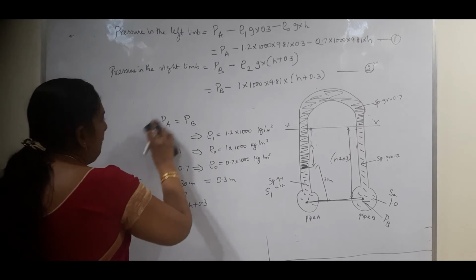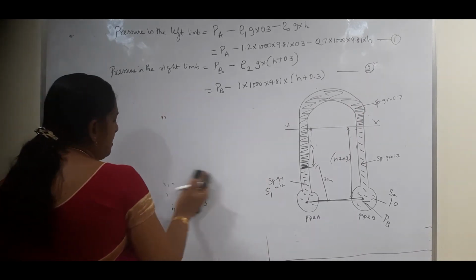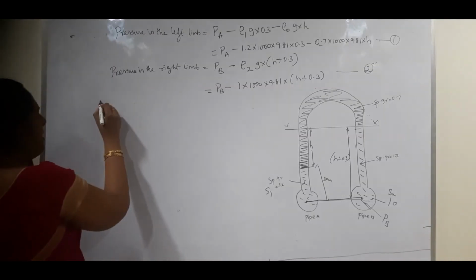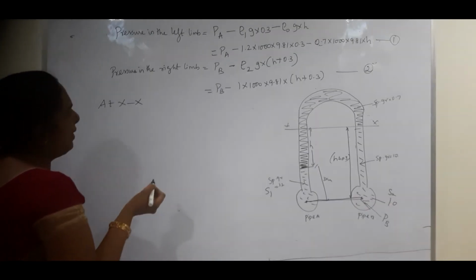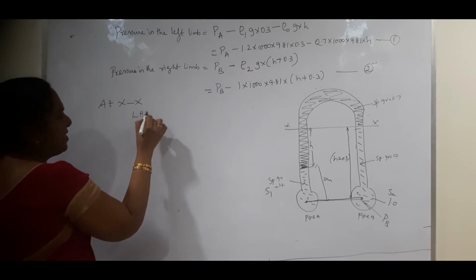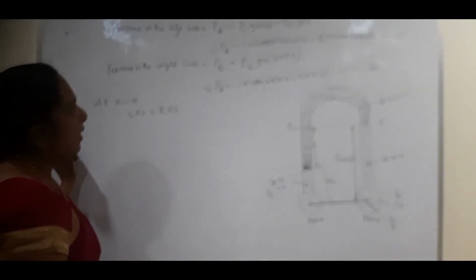So at equilibrium, what happens? The pressure in the horizontal will be equal and opposite. So at XX or at the datum line, whatever it may be, the pressure in the left limb will be equal to the right limb. So I am just giving you in short form, left hand side is equal to right hand side, or we can say equation 1 is equal to equation 2.